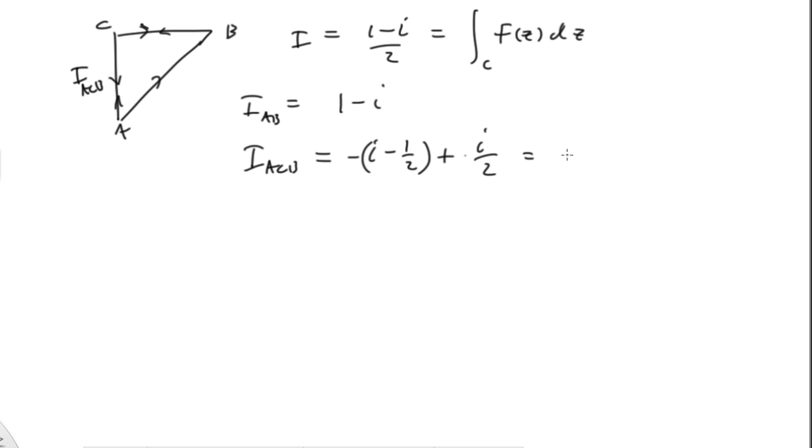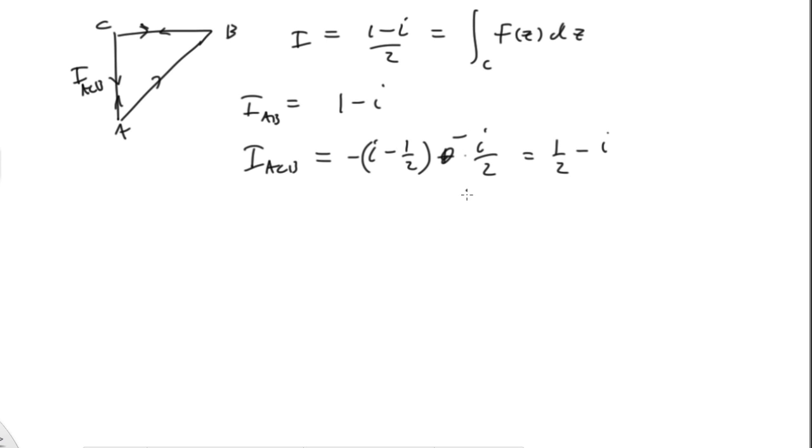So what we see there is we got 1/2 minus I. Oops, I'm making a mistake here. Let's just back up there a second. We need to put a negative sign there.